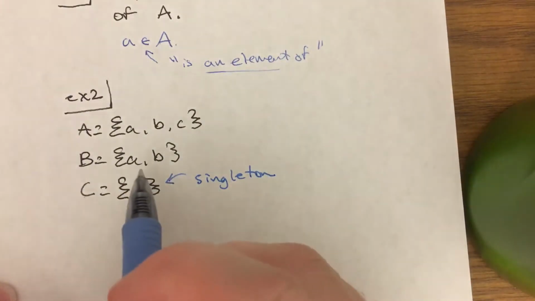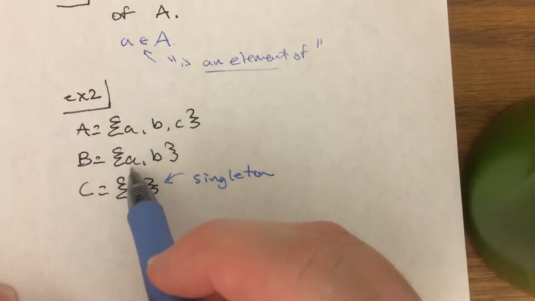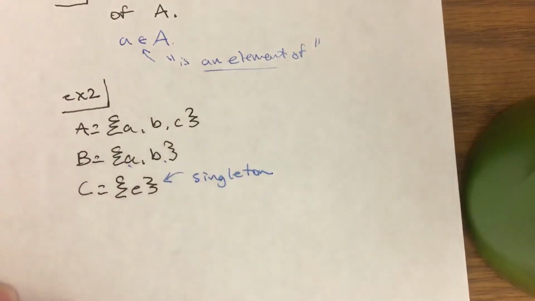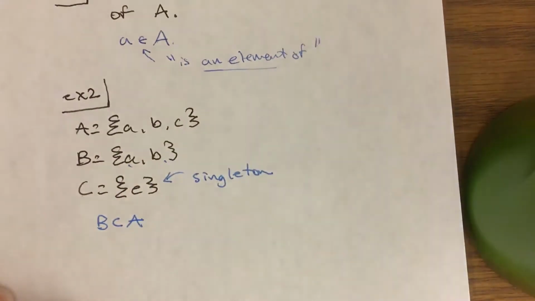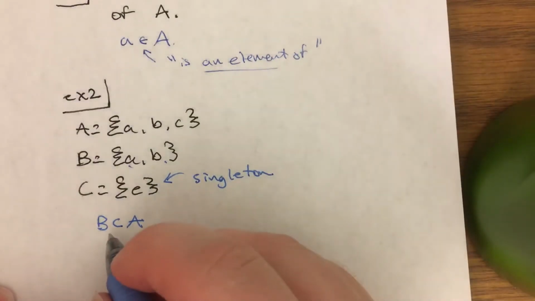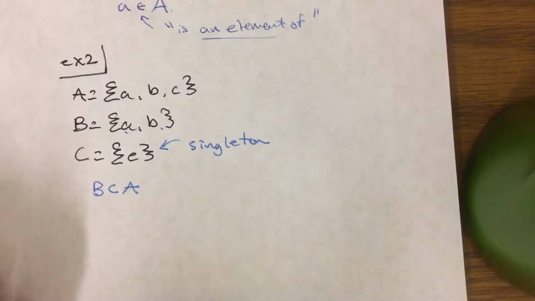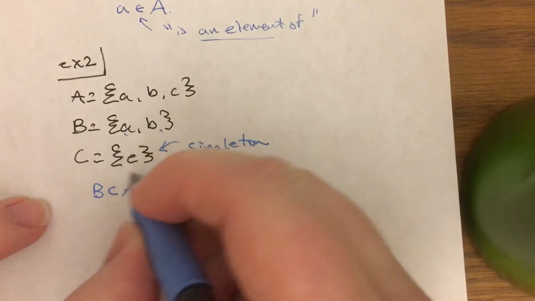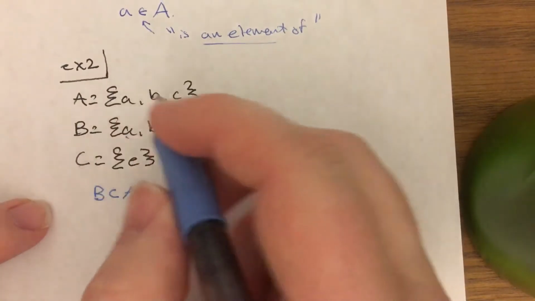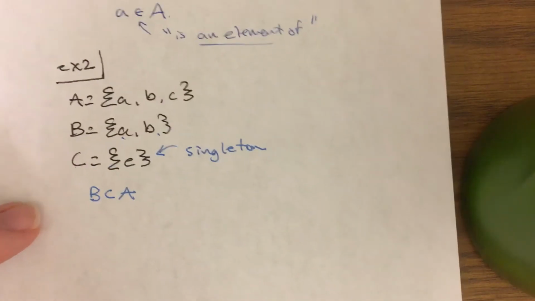So one thing that we note right away is that A contains these two elements, so right away we can write B is a subset of A. It's also not equal to it, so we don't need to put the bar underneath. The element in C is E. E is not contained in either of those, so C is not a subset of either of those. Great.